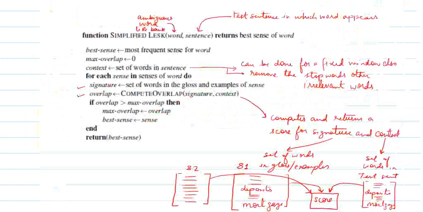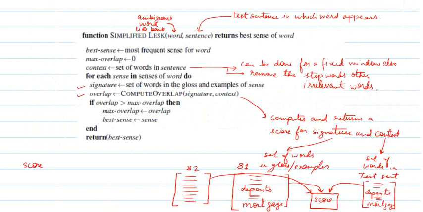So score is actually the summation of score i, where i is each word present in the test sentence. So i belongs to all words in the test sentence.